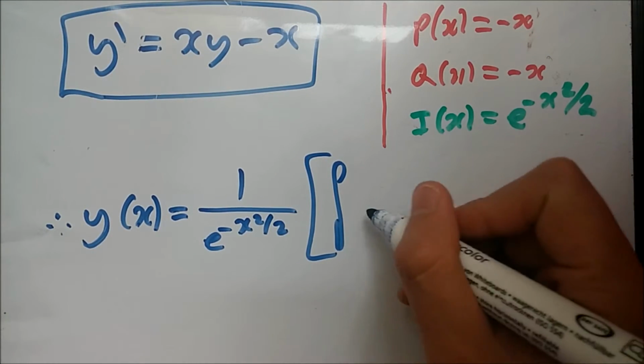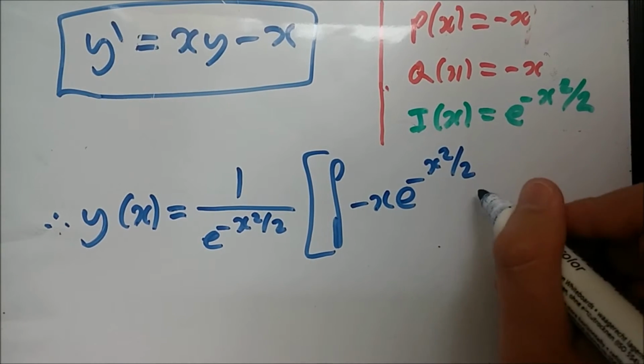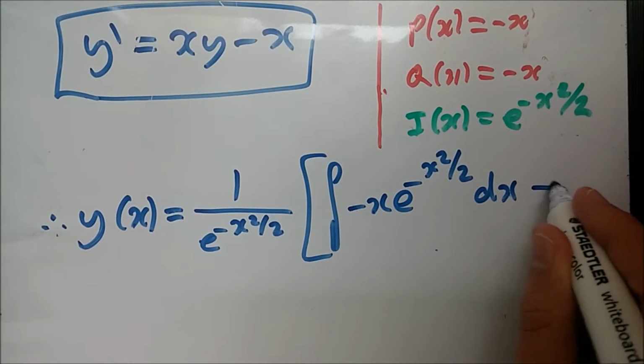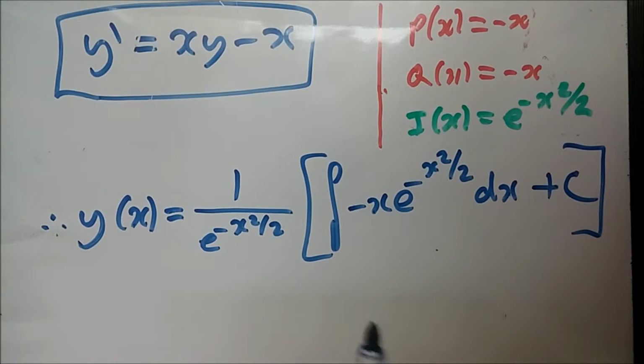So q(x) times I(x) will be minus x e to the minus x squared over 2 dx, and of course, lovely plus c. And there we have it, guys. So all we do is integrate this part and we get our general solution.